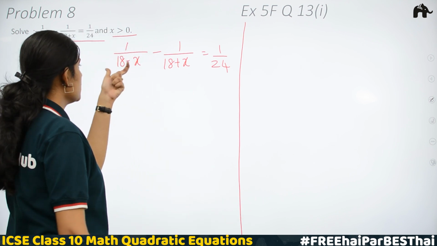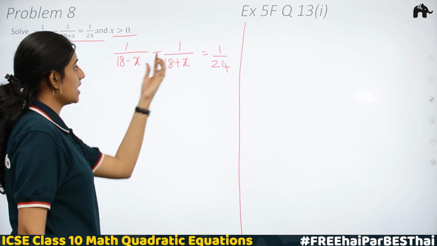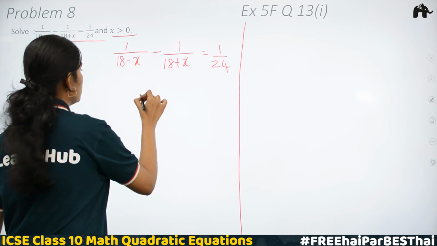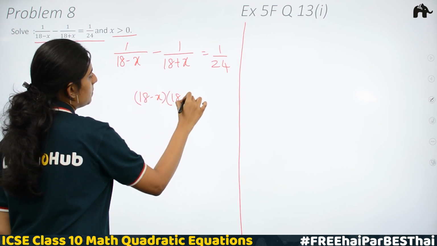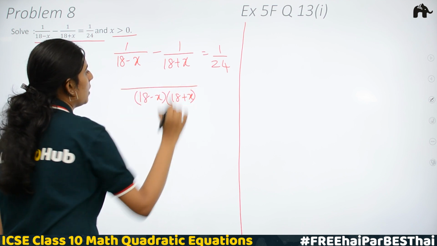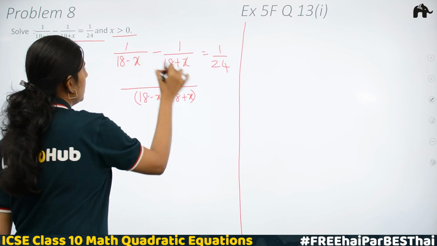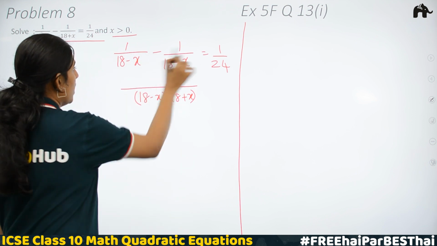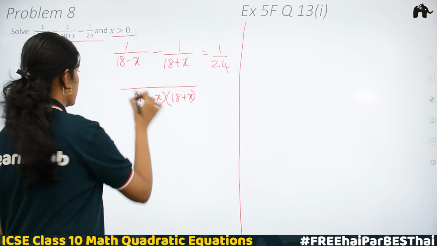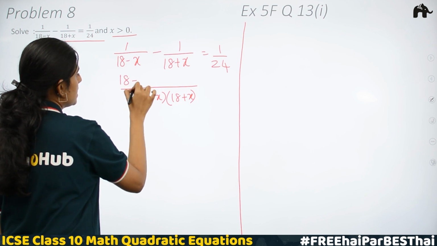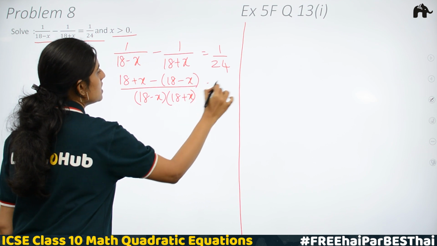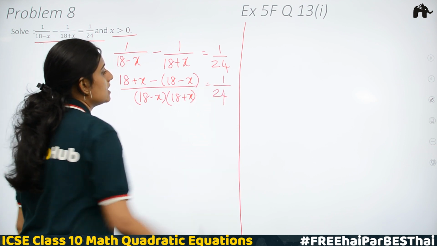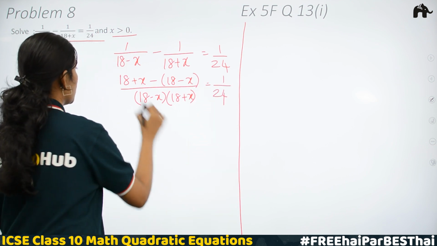In the denominators we have 18 minus x and 18 plus x, so the LCM is (18 minus x) into (18 plus x). What about the numerator? 1 into (18 plus x), 1 into (18 minus x). That is (18 plus x) minus (18 minus x) is equal to the RHS, 1 by 24.